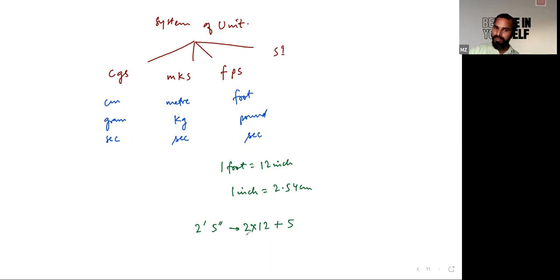So 2 into 12 becomes 24 plus 5, which is 29 inches. Each inch is equal to 2.54 centimeters, so we multiply by 2.54 centimeter, which converts it into centimeters. If you divide this whole term by 100, it is converted into meters. Is it clear to everyone?